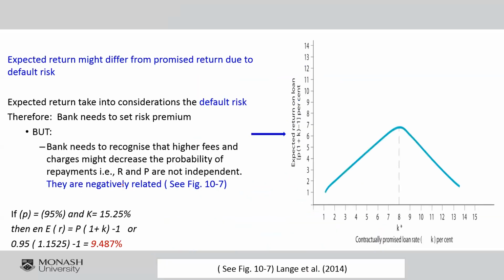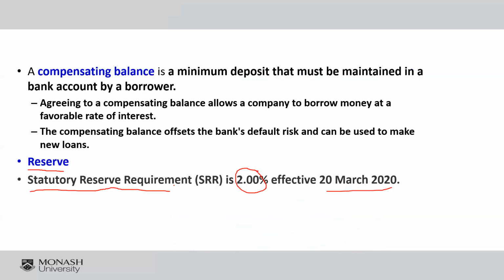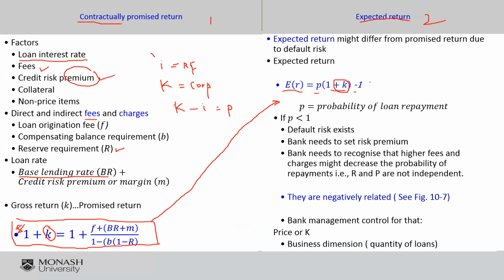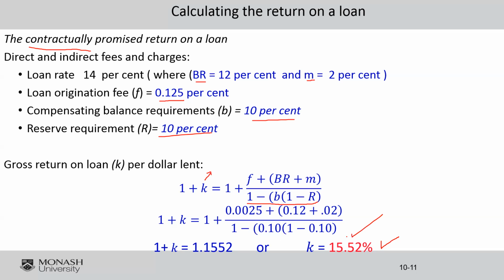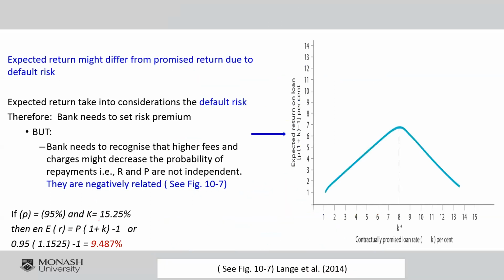Now let me go to the next point. Let me first calculate the expected R, because we talked about the expected R, and I want to calculate the expected R for this one. If I want to calculate the expected R, I just take this and the probability of payment.